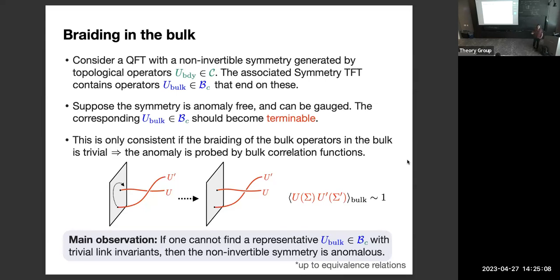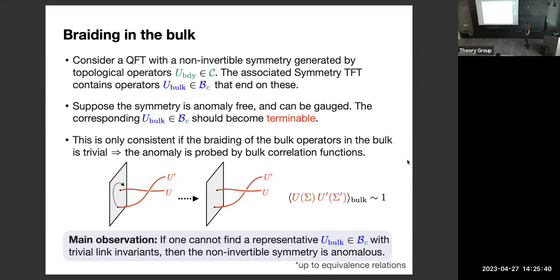Therefore, the associated symmetry TFT contains operators in the bulk that end on these symmetry operators. Now, suppose that my symmetry is anomaly free and can be gauged. So in this case, the corresponding bulk operator should become terminable on the topological boundary. Otherwise, I can't gauge it if I'm left over with something dynamical.